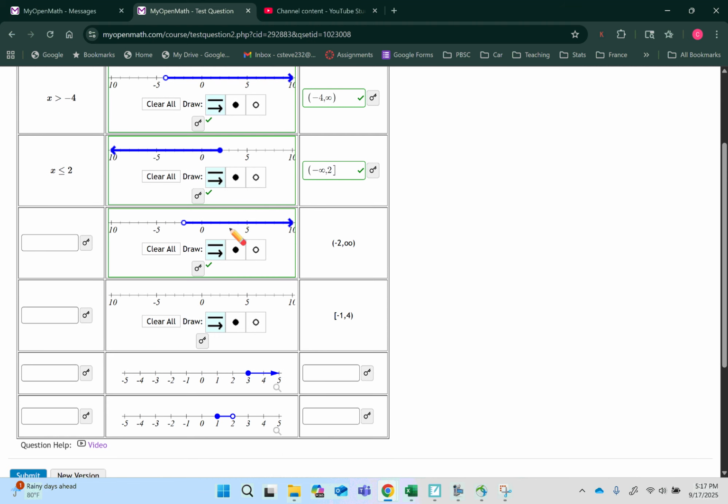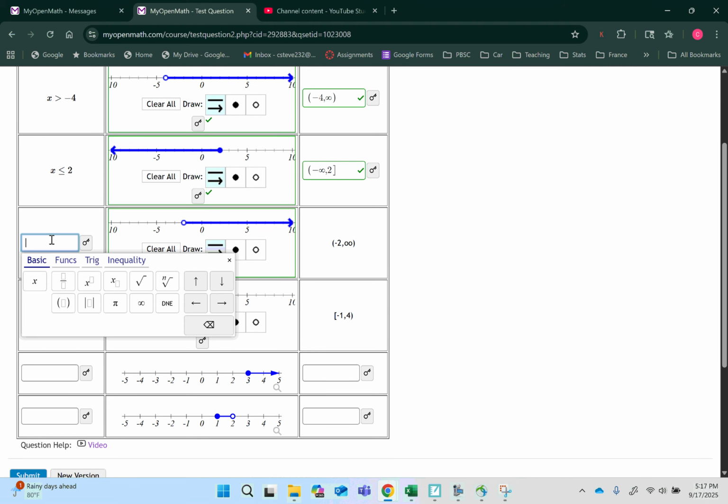And now translating that to inequality notation. So x is going to be greater. Make the sign open towards, as we like to say in elementary school, the alligator mouth open towards the larger quantity.